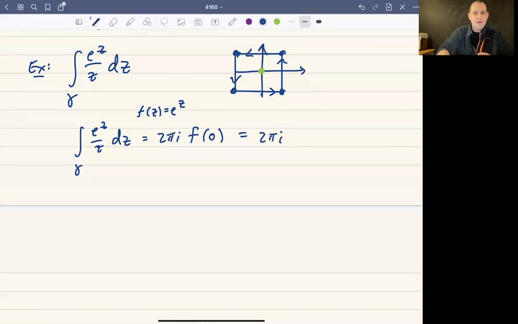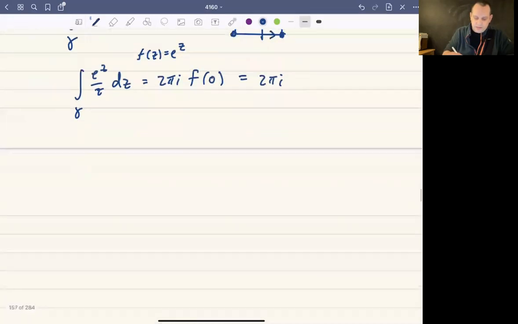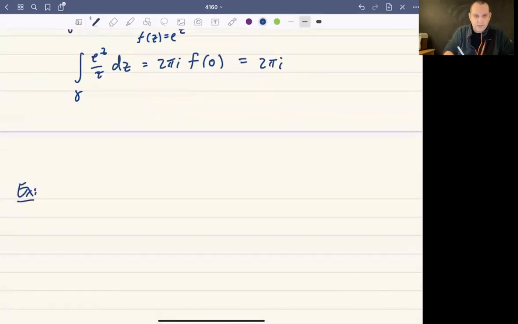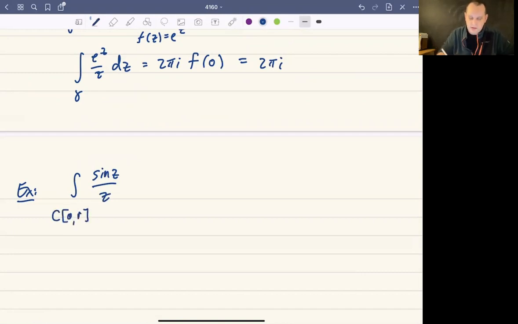All right. One more. Let's look at one more example. Let's look at the integral of sine of z over z, as we're going to integrate over some circle centered at 0, radius r. I don't care about the radius, dz. And again, sine of z over z does not have an elementary antiderivative, but everything is fine.